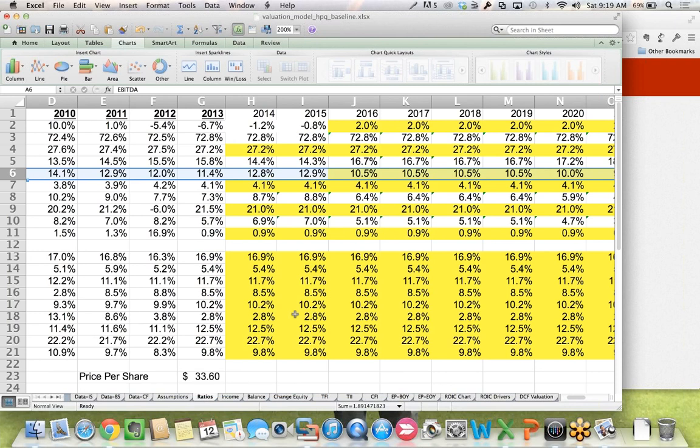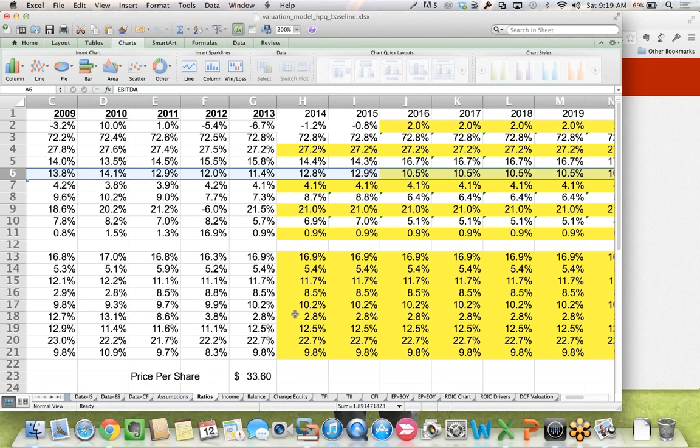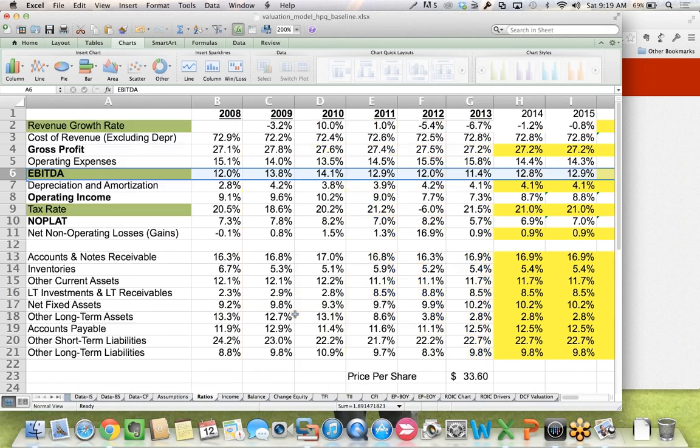I did keep the tax rate at 21.5 because I did find that the 2012 tax rate was an outlier, and I had the EBITDA margins at 12.0%, just staying right there because I figured it would hover between maybe like 11.5 and maybe 12.5. So I figured I'd keep it at 12. But my revenue growth I had at negative 5.8%, and that gave me a price per share of 33.85.